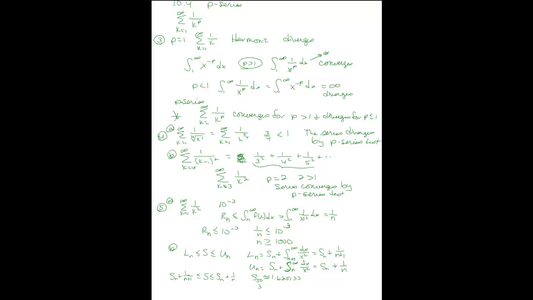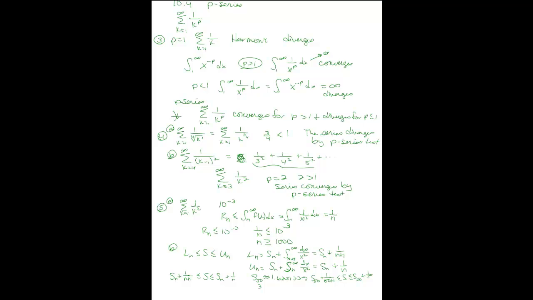Let's see, I'm going to write it over here. So that's going to imply that s sub 50 plus 1 over 50 plus 1 is less than or equal to the exact answer, which is going to be less than or equal to s sub 50 plus 1 over 50. Oops, that's a 50 right there.